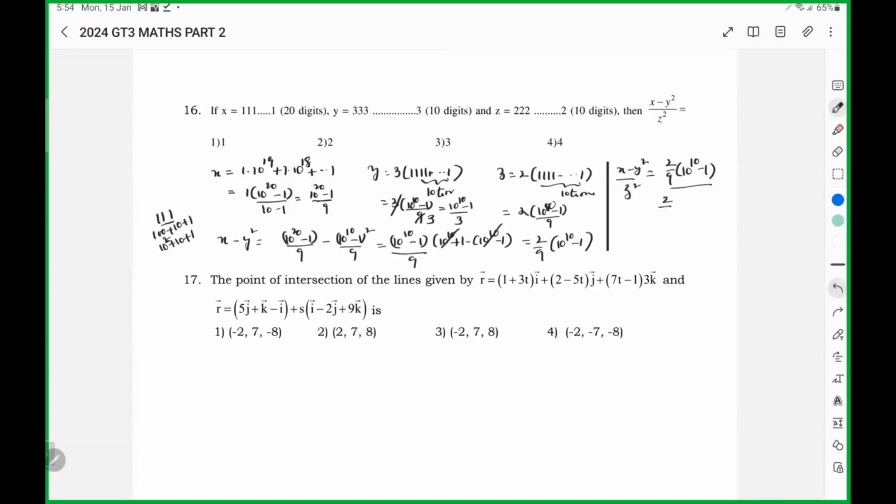Sorry, it is z square. So x minus y square by z gets us 1.